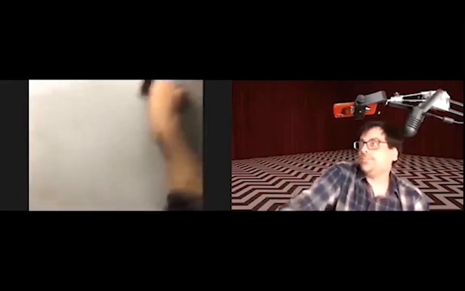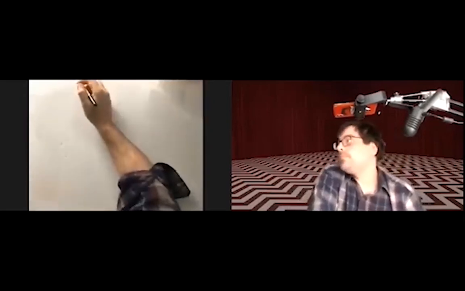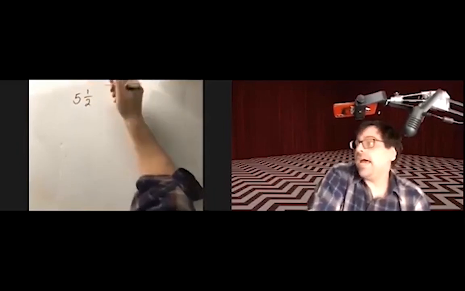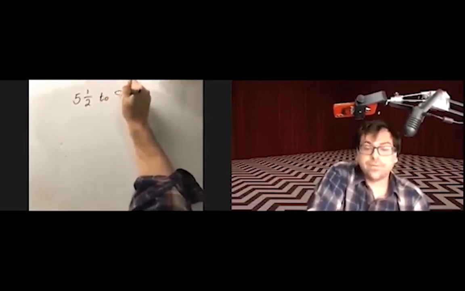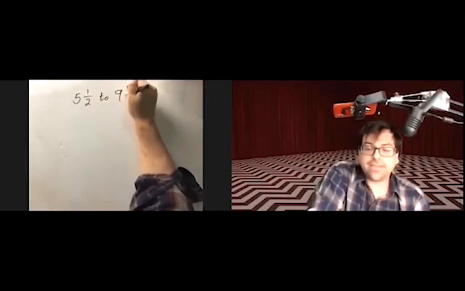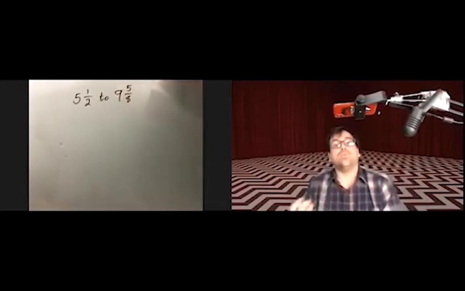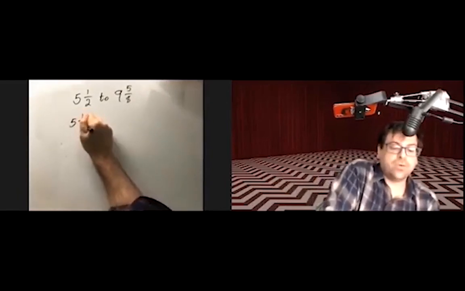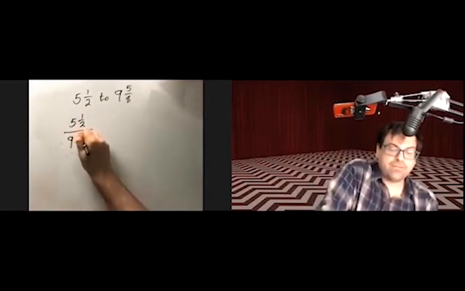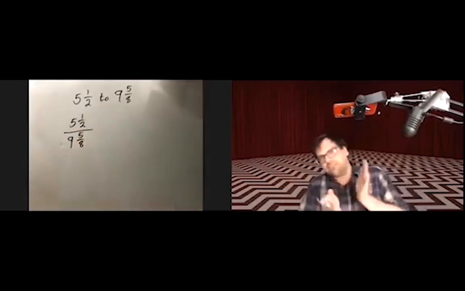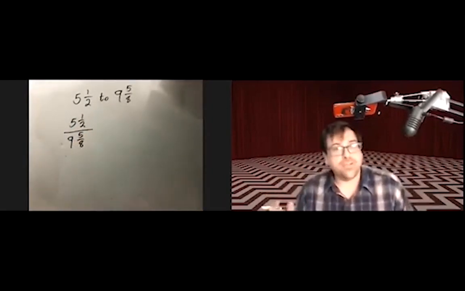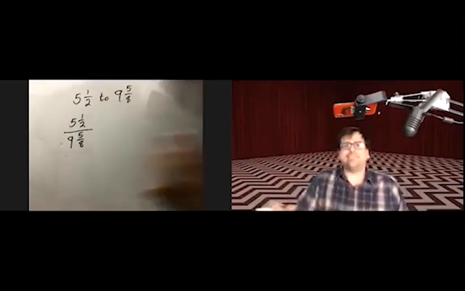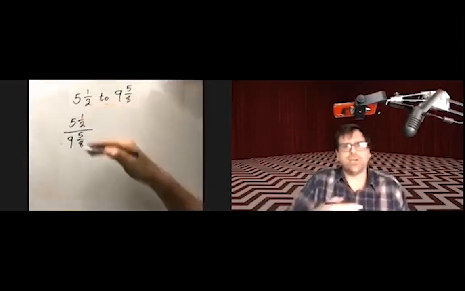Next up, five and a half to 9 5/8. Last time when we were doing unsimplified ratios, we just did 5 1/2 to 9 5/8, and we said that's it. That's all we have to do. Unsimplified, fun, easy. Nothing else needs to be done except putting one over the other.